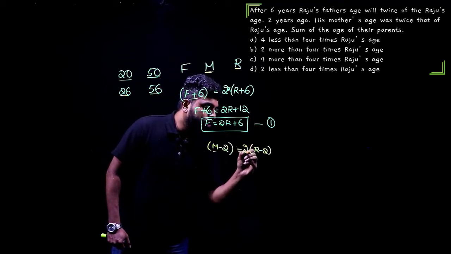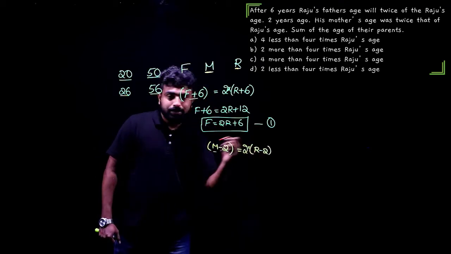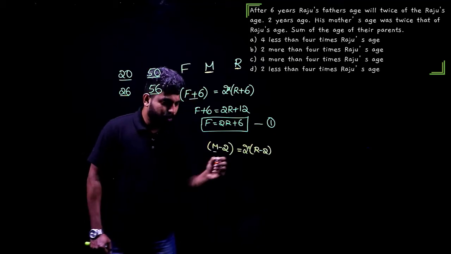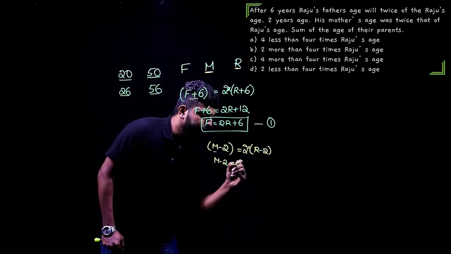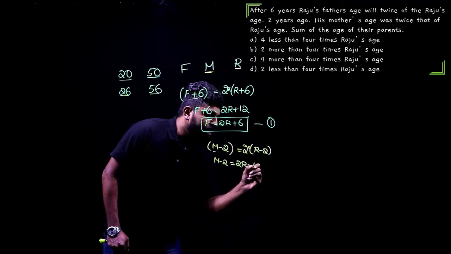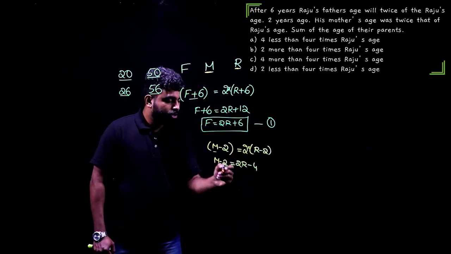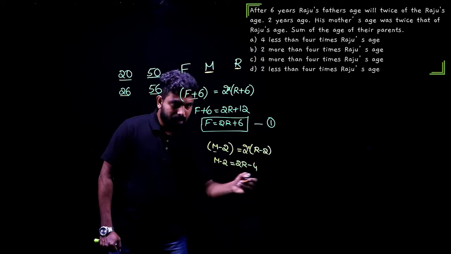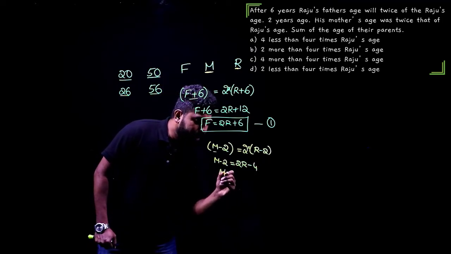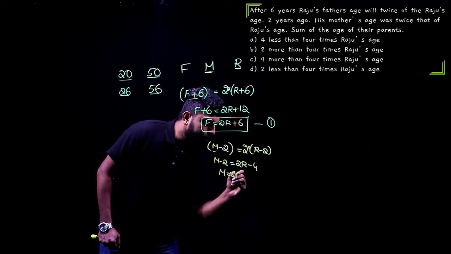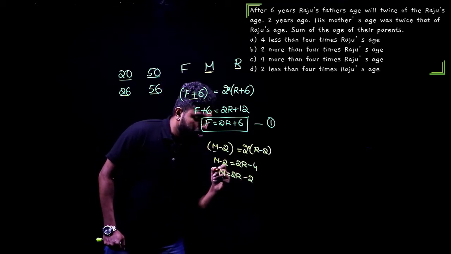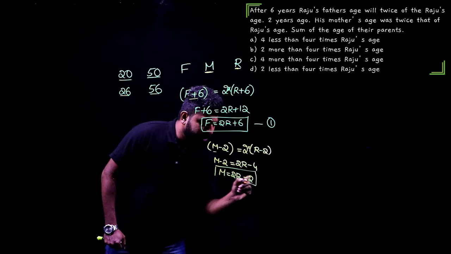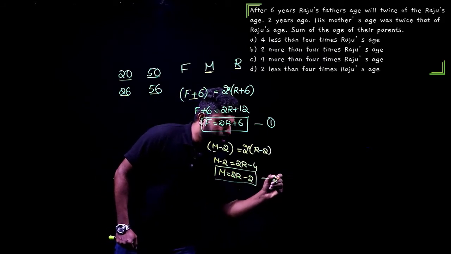So M minus 2 will be equal to 2 times R minus 2, which is 2R minus 4. If I take minus 2 to the other side, it will become plus 2. So M will be equal to 2R minus 4 plus 2, which gives me 2R minus 2. So this is his mother's age. Let this be my equation number 2.